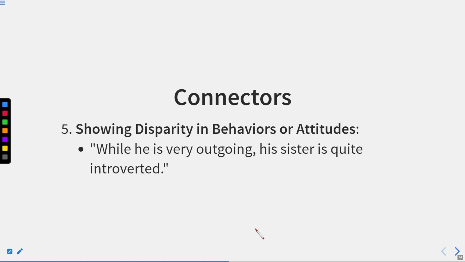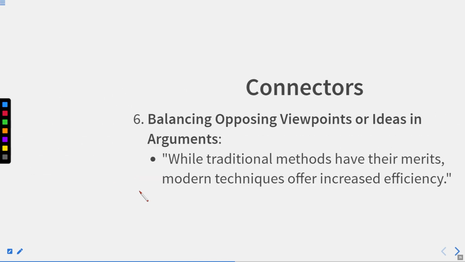While he is very outgoing, it means this boy likes going out very much, whereas his sister is quite different from him. Why so? Because she is quite introverted. It means she is reserved, and she does not easily communicate her thoughts to others.